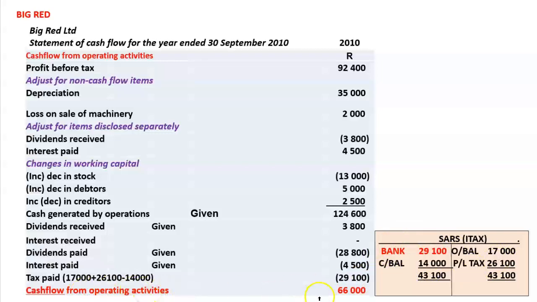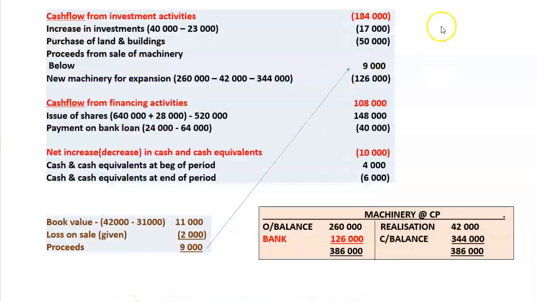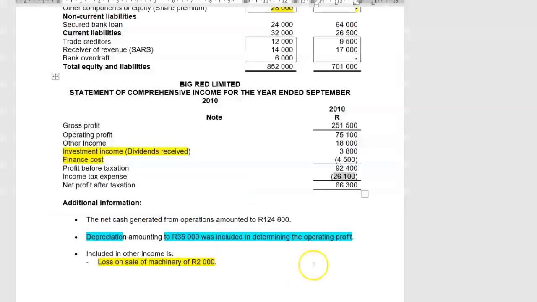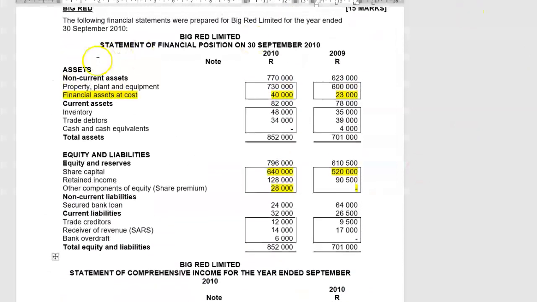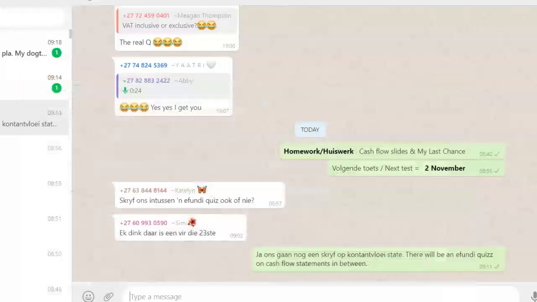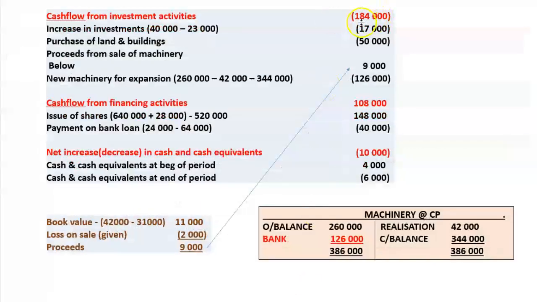So cash flow from operating activities then, 66,000 Rand. Investing activities. Now the first one there, increase in investments. Remember when we went through the question, we said please do not forget this financial assets. There was an increase of 17,000 Rand. It is an outflow of cash, so we have to show that for you as an outflow of cash of 17,000.